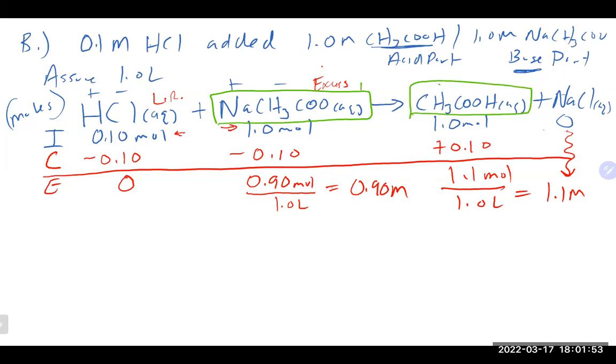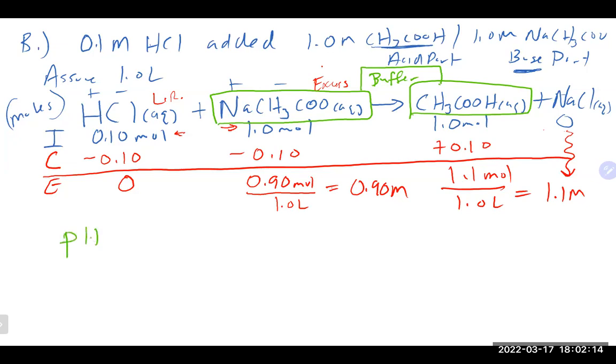You should still recognize that as being a buffer. So we still have a buffer, and that's going to help us get to the pH. You have 2 options. You could do an ICE table if you wanted to, or you could just go right into the Henderson-Hasselbalch equation. That is what I'm going to do.